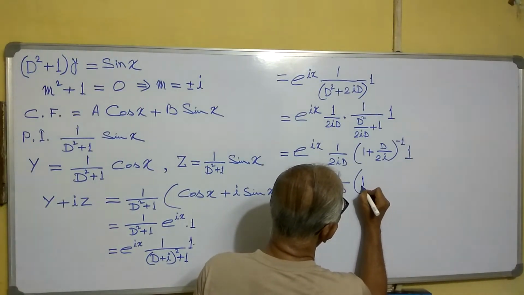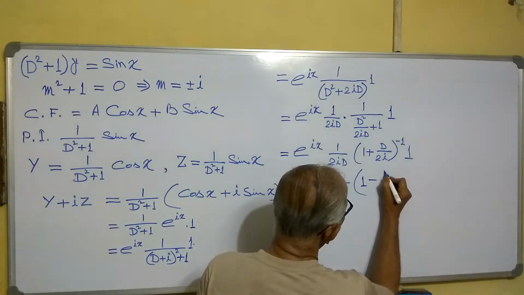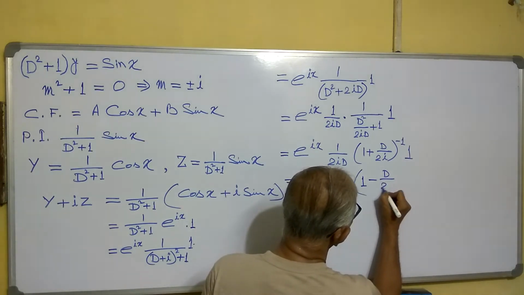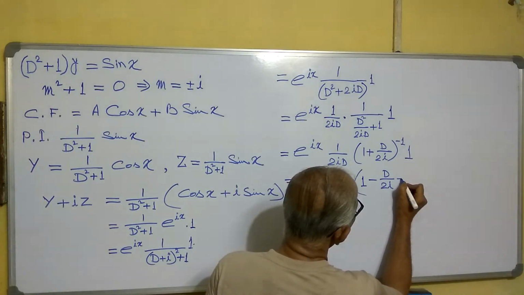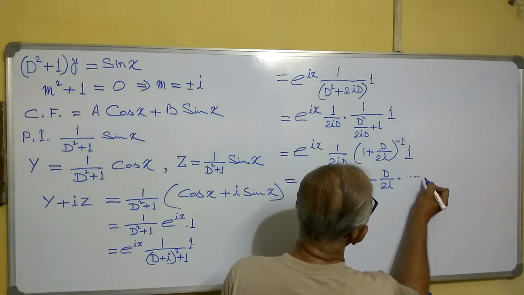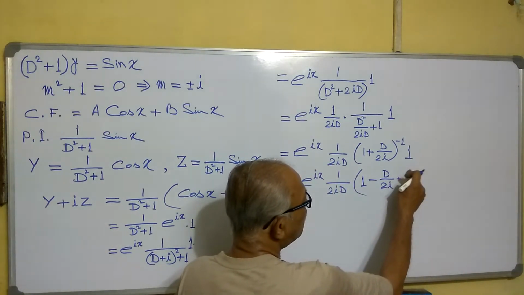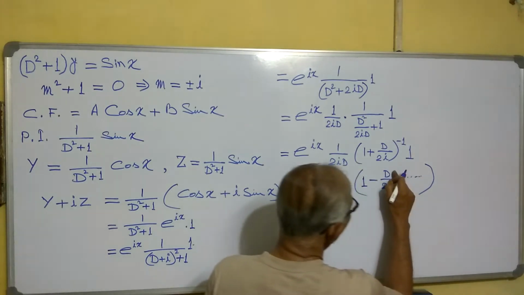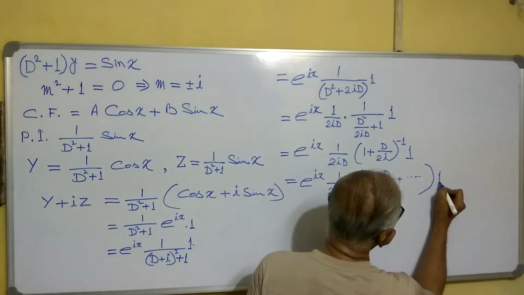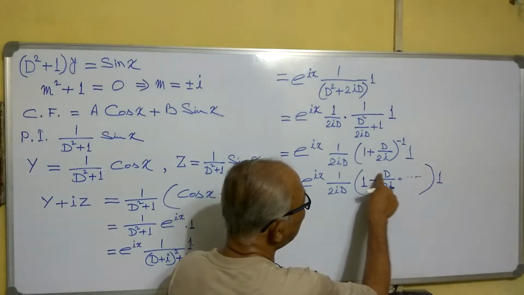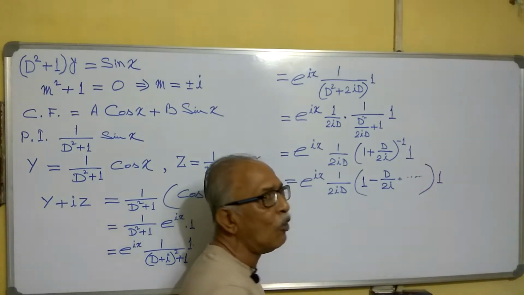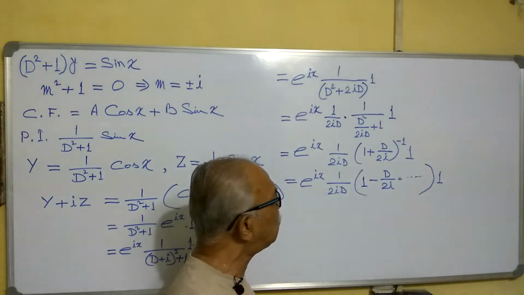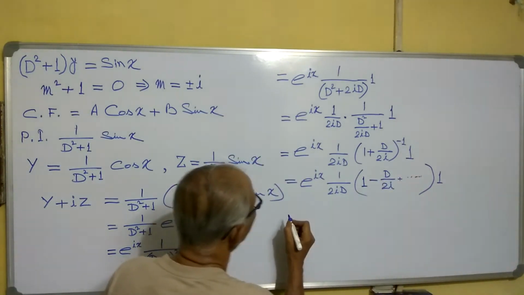It will be an infinite series: 1 minus D by 2i plus D square and so on, with continuously higher powers of D. But as we know, the derivative of 1 itself is 0, so higher powers will also be 0, so there is no need of all these things.